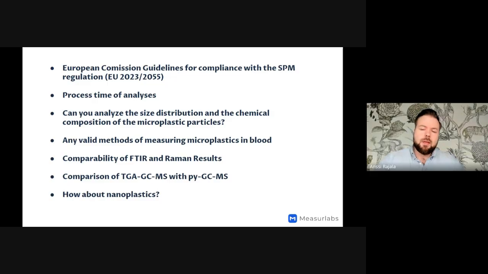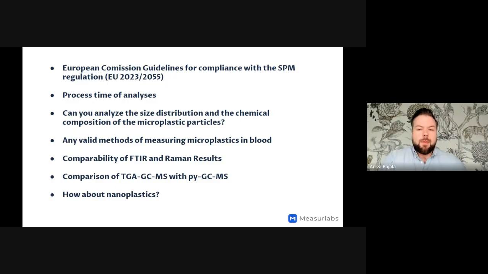If there is basically done an FTIR analysis for the sample and further analysis is needed, then I would either go forward with µRaman if the smaller particles are still uncertain or of interest, or then go with the pyrolysis GCMS.